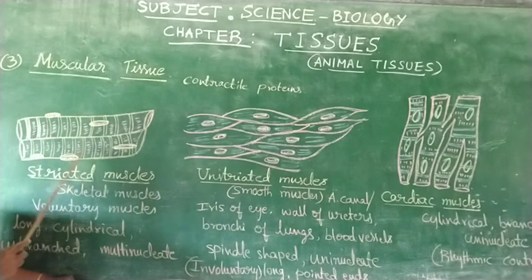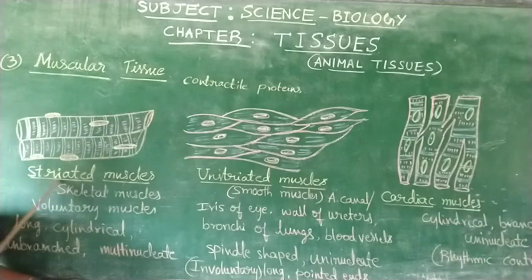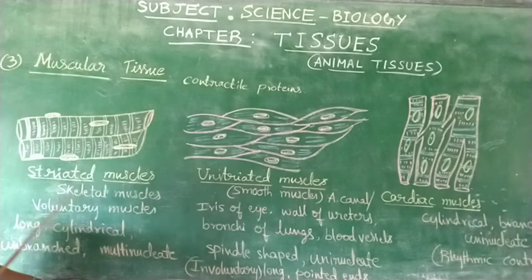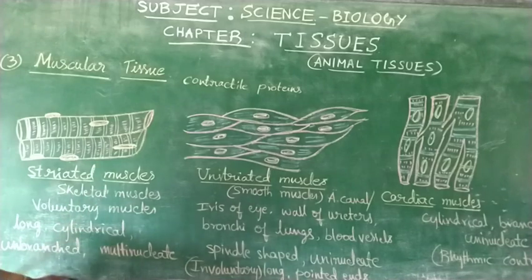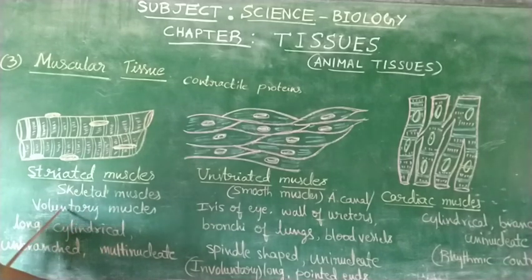These dark and light bands we call striations. So these are called striated muscles. These are called voluntary muscles because they are under our control. With our will only we can do work with the help of our hands and legs. So these are called voluntary muscles.